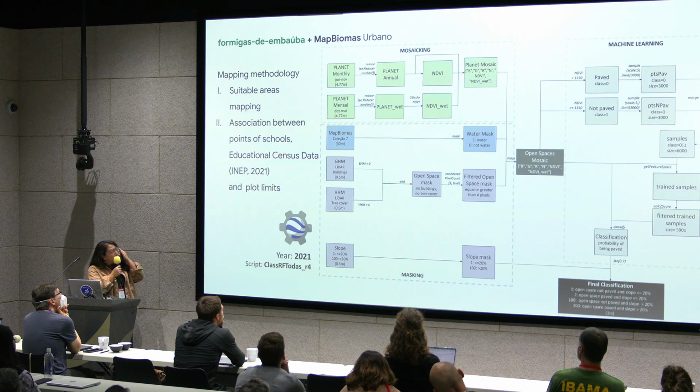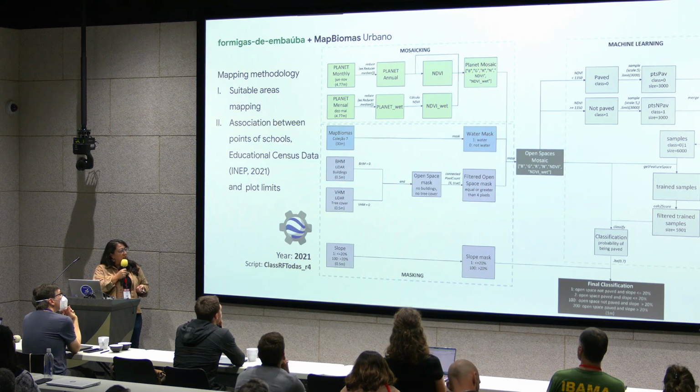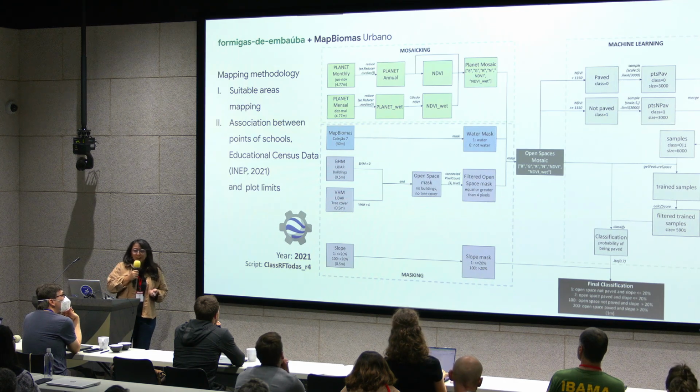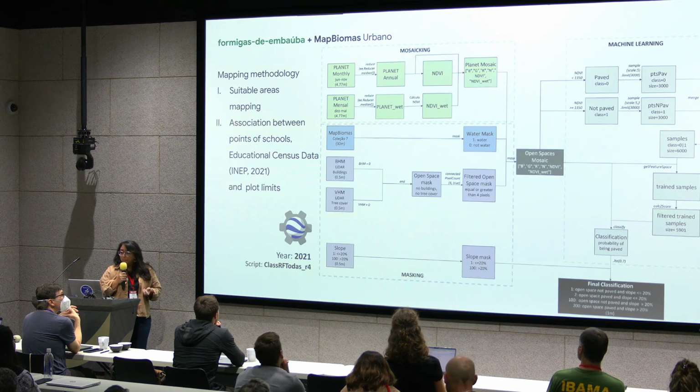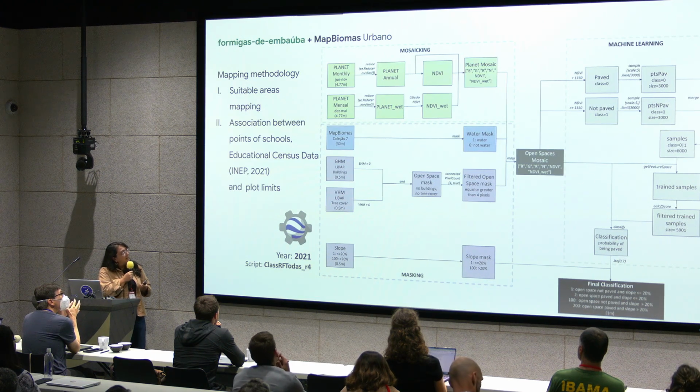Then we used Planet images of 2021 and performed a random forest classification. The outcomes were the open, unpaved areas with a slope lower than 20%.